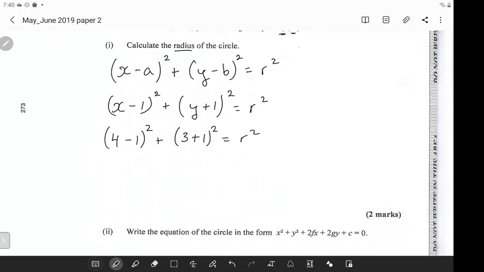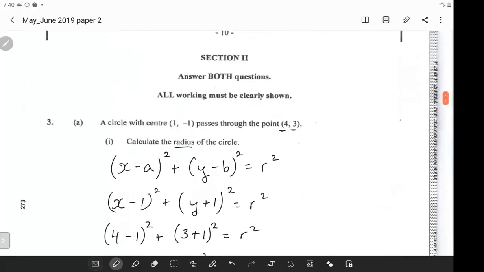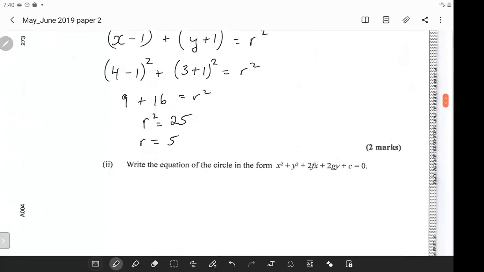So 4 minus 1 is 3, 3 squared is 9, plus 3 plus 1 is 4, 4 squared is 16, is equal to r squared. So we get r squared is equal to 25. So finally we get that r is equal to 5. So this is our radius. We have a radius of 5.